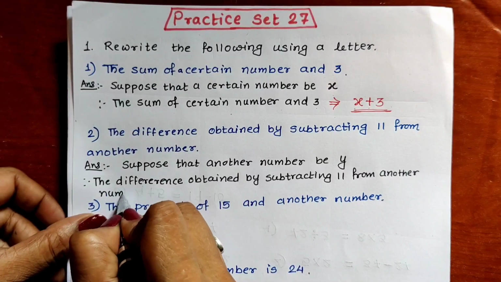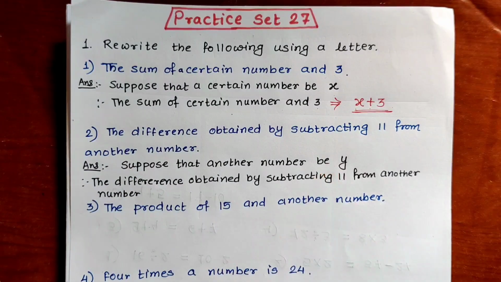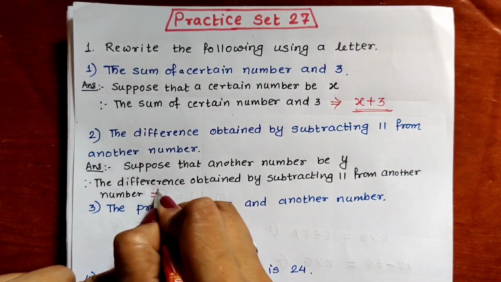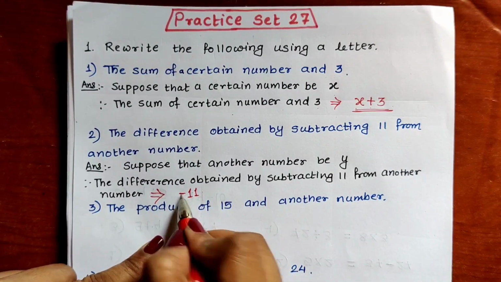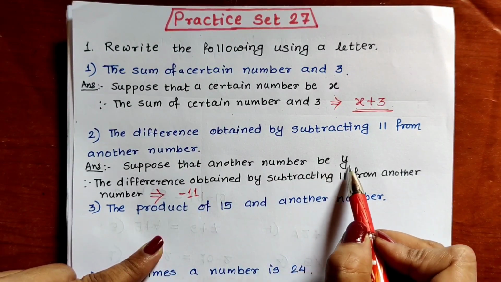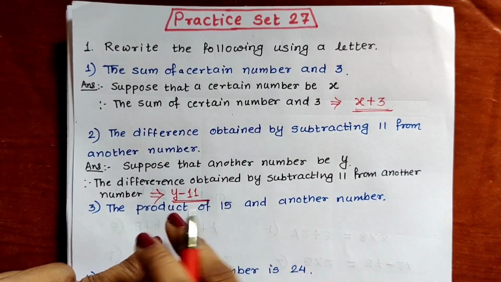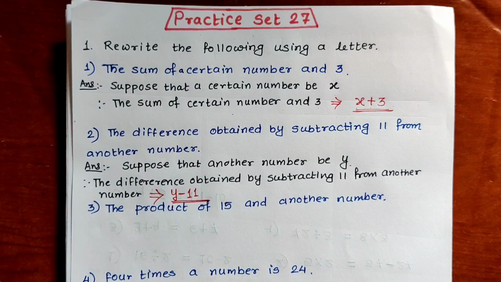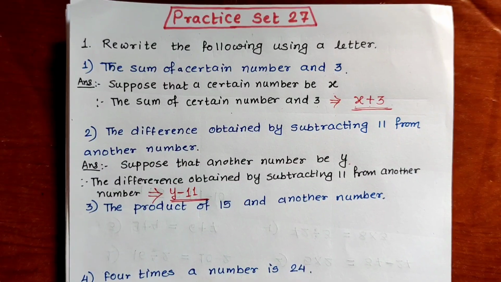That means we have to subtract 11 from which number? From another number, and that another number we have taken as y. So the expression is y minus 11. The difference obtained by subtracting 11 from another number is y minus 11.